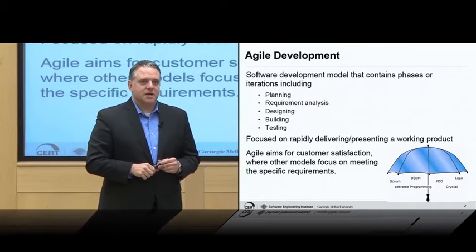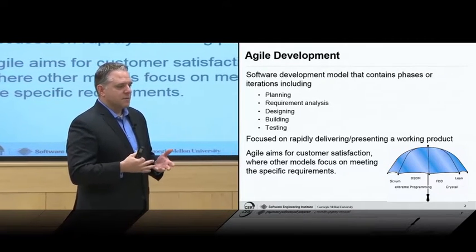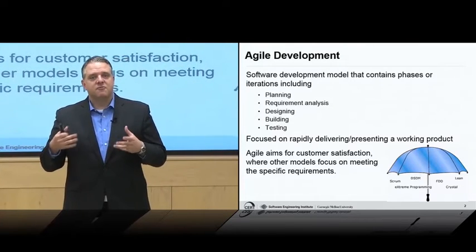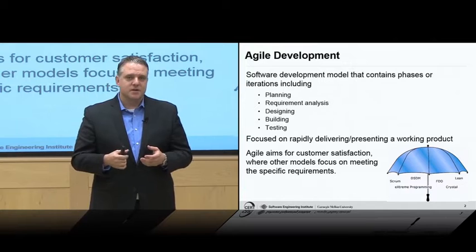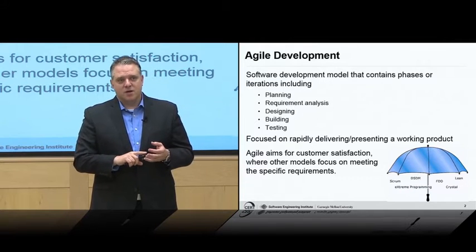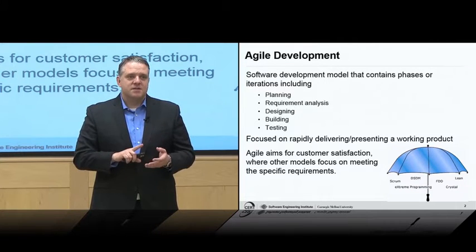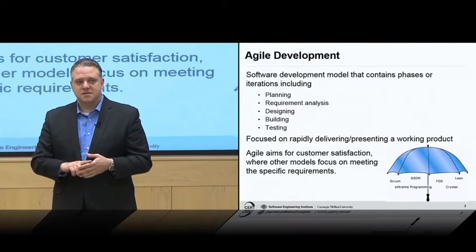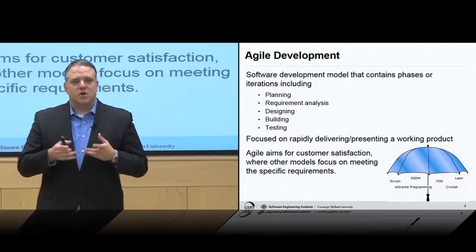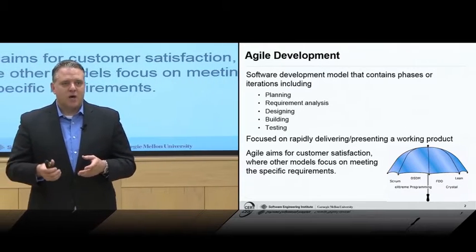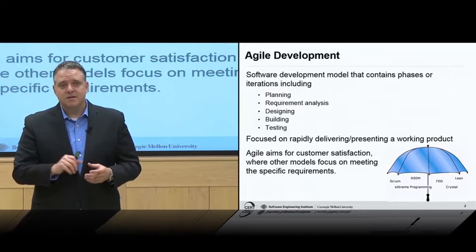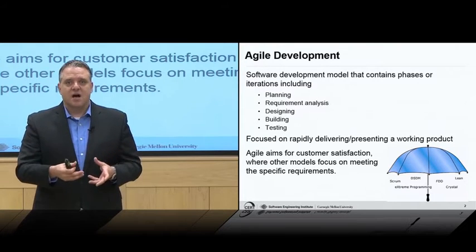What is Agile development? Well, it's a software development or set of software development models that contain phases or iterations. And you might iterate through a planning phase, requirement analysis, designing, building, and testing. Agile models are really focused around how do we quickly deliver a working product to somebody? How do we quickly design features?